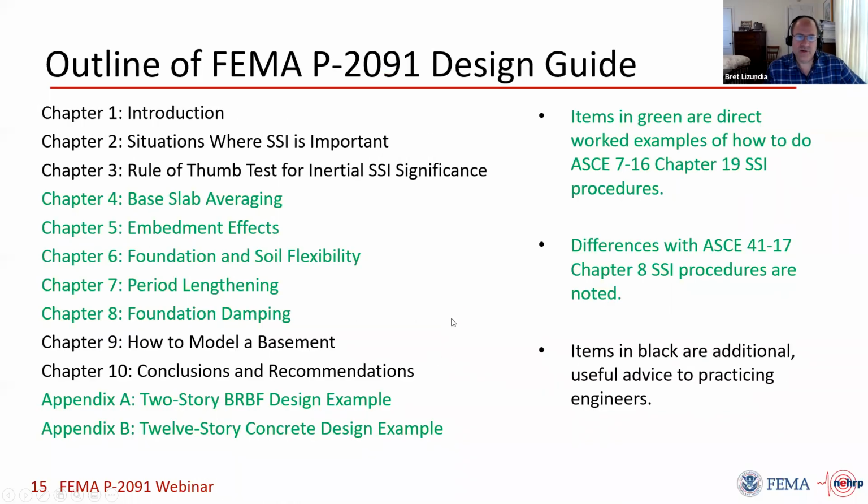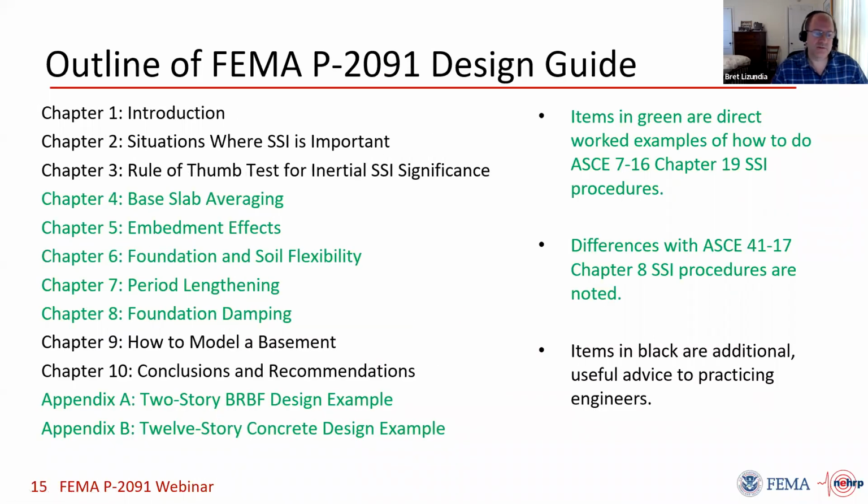So that design guide has 10 chapters and 2 big appendices. Those worked examples are full building examples in Appendix A and B. And then the chapters leading up to that pick off specific topics. They all have worked examples inside of them as well, but they're focused on one particular SSI technique.